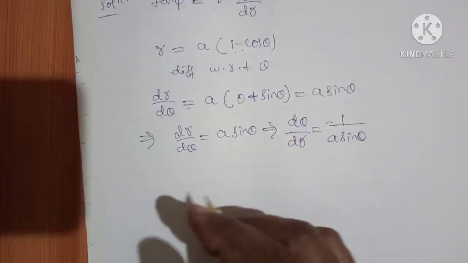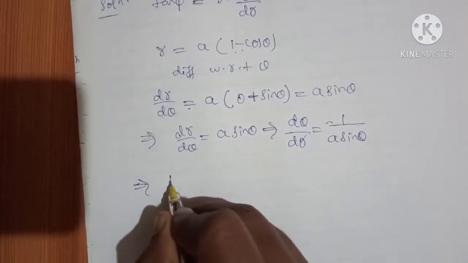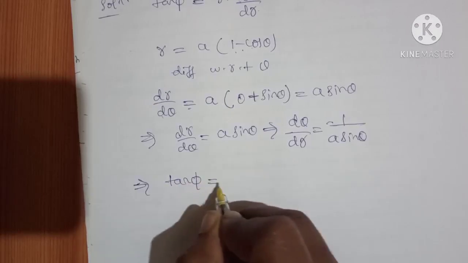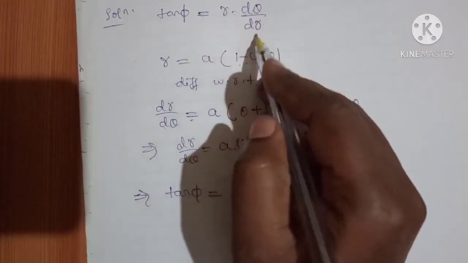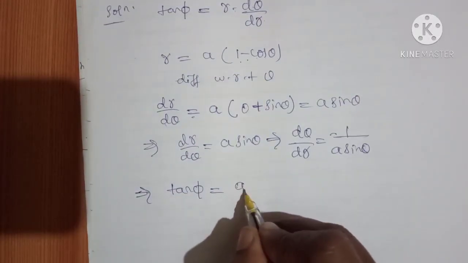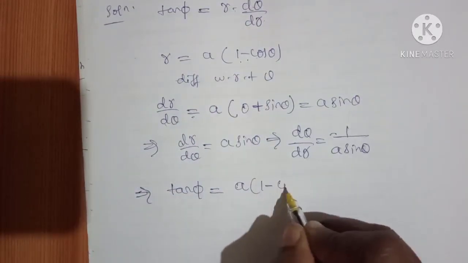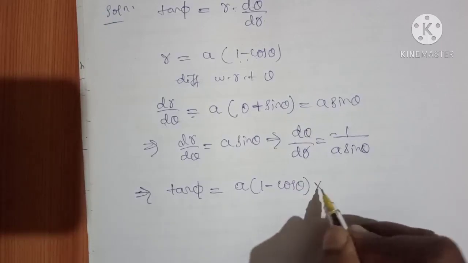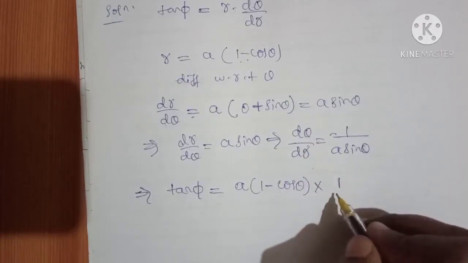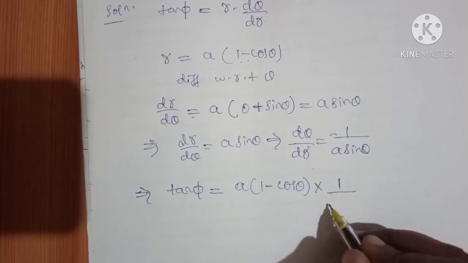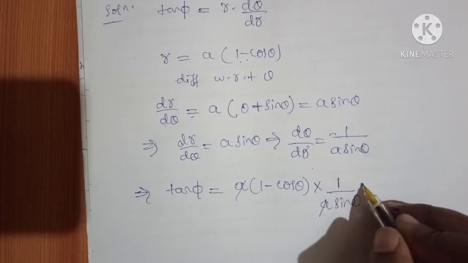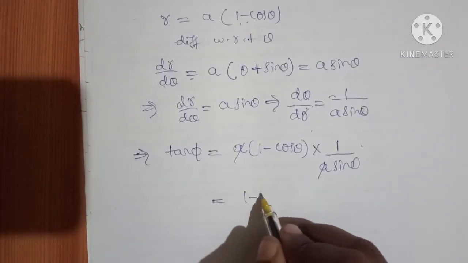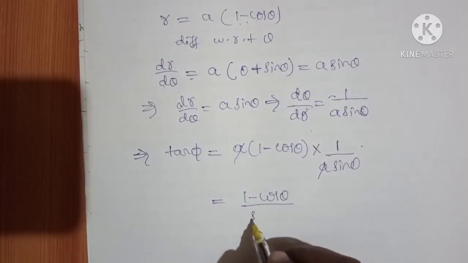So tan phi equals r into d theta divided by dr. R value is a into 1 minus cos theta, into d theta divided by dr value, which is 1 divided by a sin theta. A cancels. This is equal to 1 minus cos theta divided by sin theta.